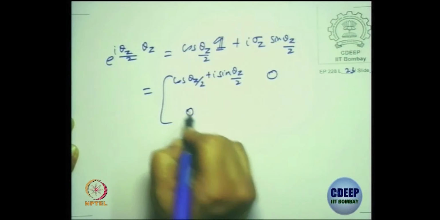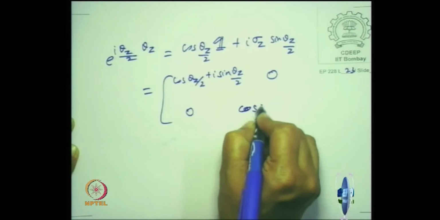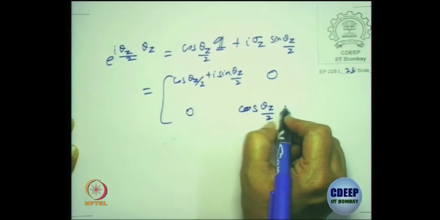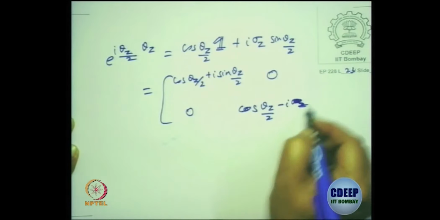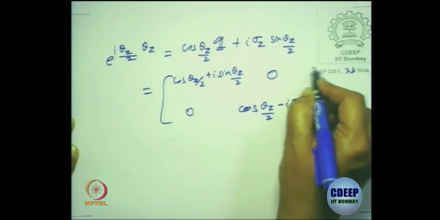With zeros off the diagonal, cos theta z by 2 minus i times sin theta z by 2, since sigma z is minus 1.